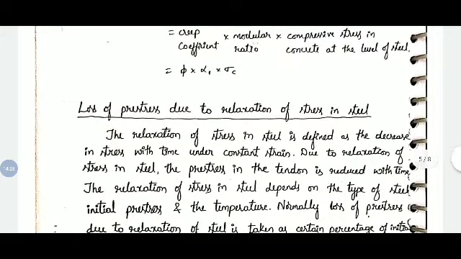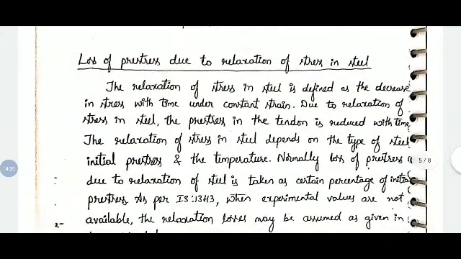Then loss due to relaxation of stress in steel. The relaxation of stress in steel is defined as decrease in stress with time under constant strain. The example I have given: if you stretch an elastic for a longer time, the strain developed in the elastic reduces. So due to relaxation of stress in steel, the prestress in the tendon is reduced with time.